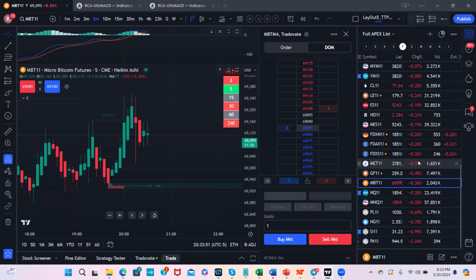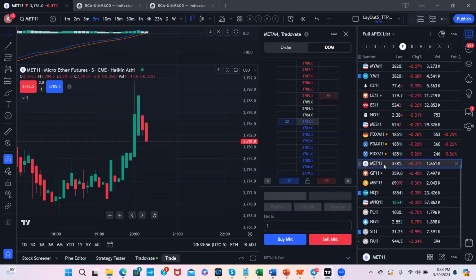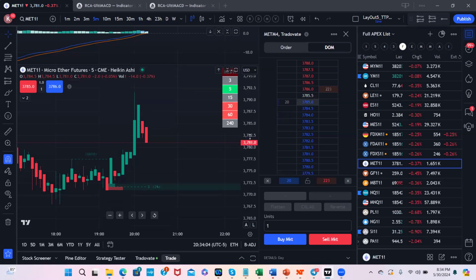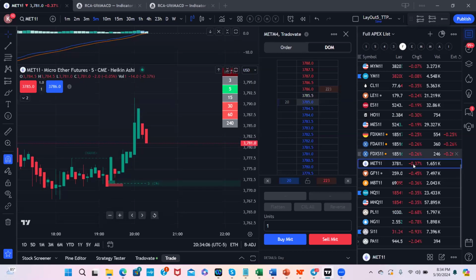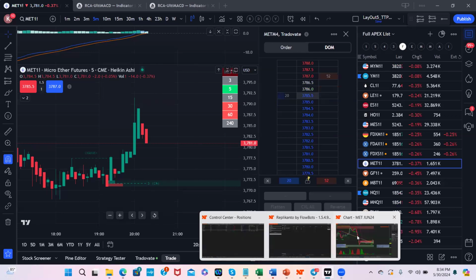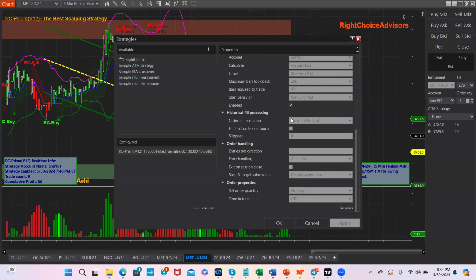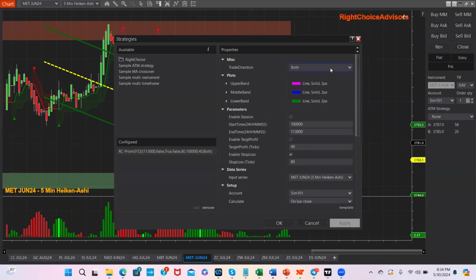Okay, let's check whether this is also bearish. This one also 3, 15 choppy, 30, 60. Overall, if you look at the overall percentage change, this is also a little bearish. So we'll just change it to apply, short only.